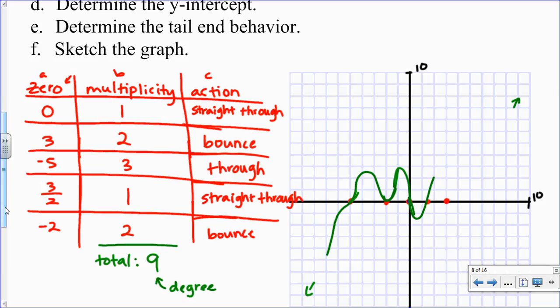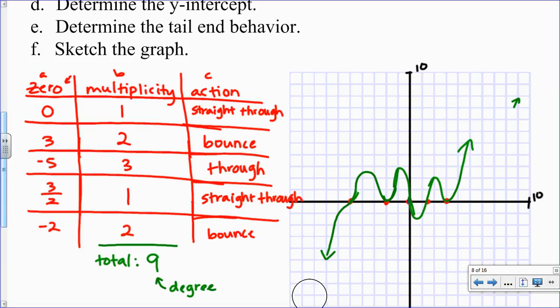And then I finally get to 3, and at 3 I bounce. So I started down here in this third quadrant, but I know that I had to end up here in the first quadrant. It should work out with your actions that you end up where you're supposed to.